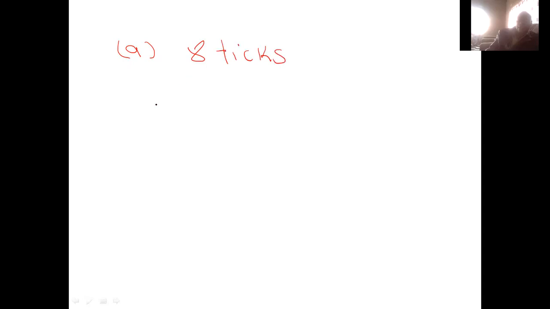What is the time interval? The time interval is equal to the number of ticks multiplied by the time interval for the tick, which is 0.02 seconds.